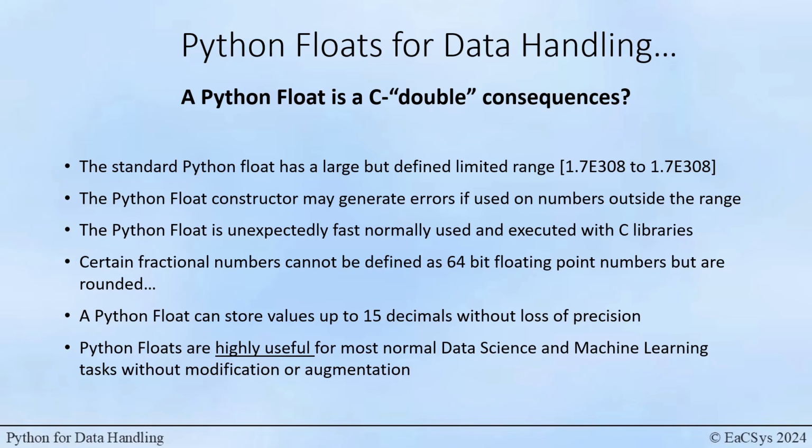Two other implications are that certain fractional numbers cannot be defined as floating point numbers, but are rounded to the closest creatable floating point number, and that a Python float can store values up to 15 decimals without any loss of precision.